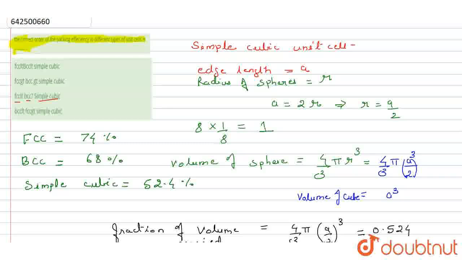Now from this, we can say that our correct option is FCC is greater than BCC, then BCC is greater than simple cubic. So this is our option B, the correct answer.